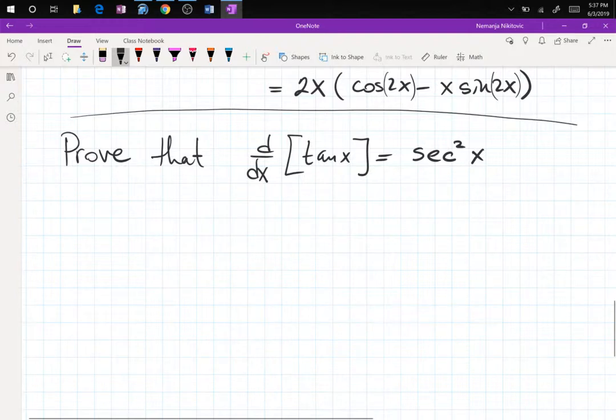The derivative of tangent, not secant. Yes? Because what he means, where you have secant x times tangent x, multiply that by secant.